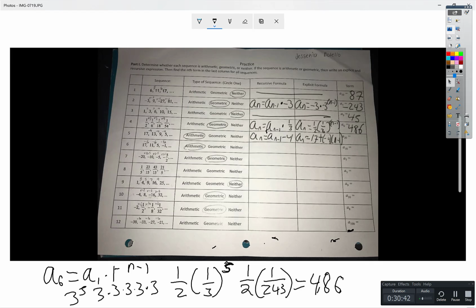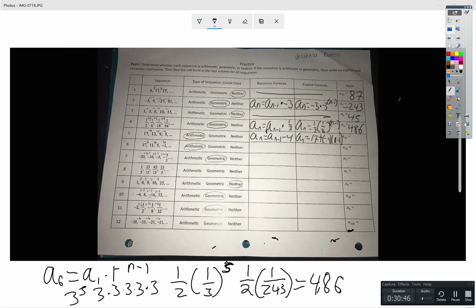So then we need to find a_20, and to find a_20, we would do the math that we just plug in 20. So a_20 would be a_1, 17, plus d, and here d is -4 times n minus 1.